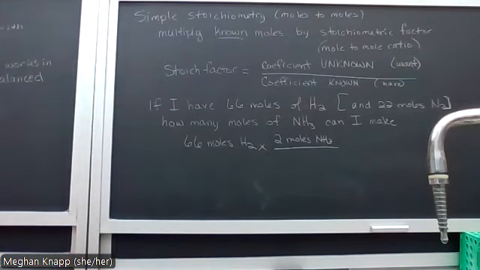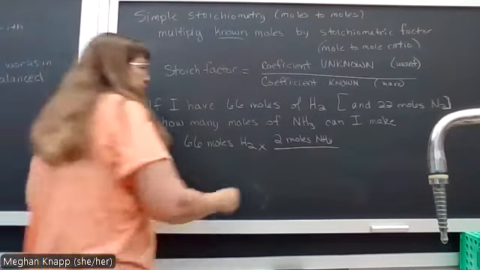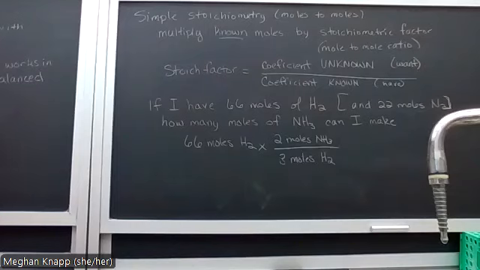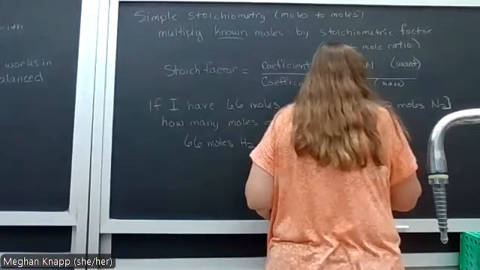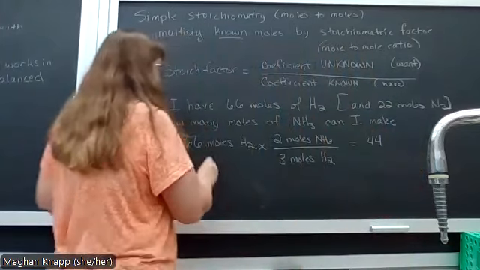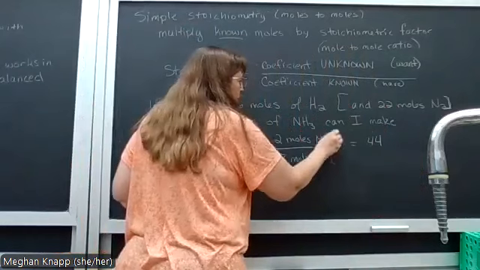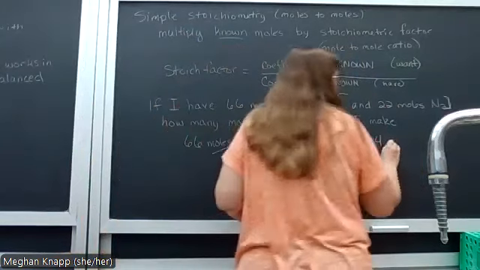A lot of times when we set this up, we say, what units do I already have? That goes on the bottom of my fraction. So I'm going to put 3 moles of hydrogen. For a mole to mole ratio, that's all I have to do. I'm going to multiply it through, and I'm going to get 44. I'm canceling moles of hydrogen, and all I'm left with is moles of ammonia.